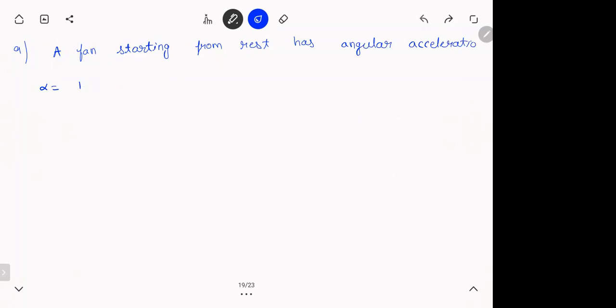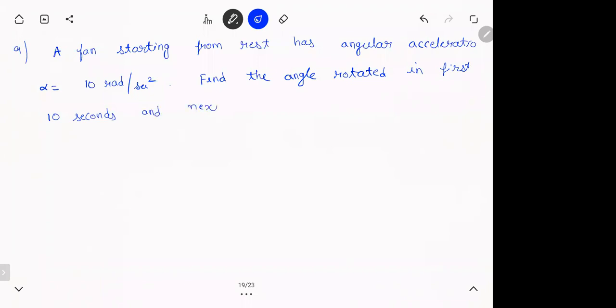Let's make it simple only: 10 radian per second. Find the angle rotated in first 10 seconds and next 10 seconds. Next 10 meaning 10 to 20. Get this thing? Easy question.